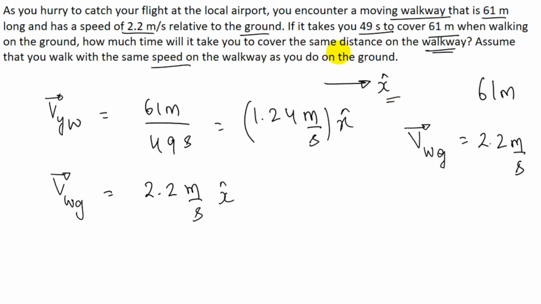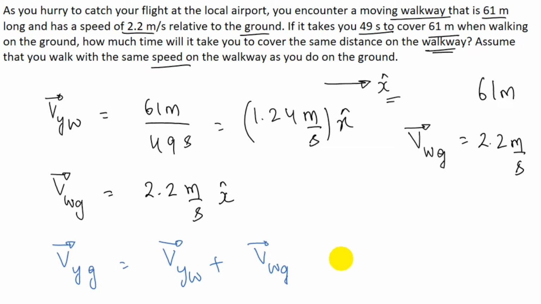We have to calculate the time taken by you to cover the same distance on the walkway. For that we need to calculate your velocity, the velocity of the person relative to the ground. So this would be VYW plus VWG.